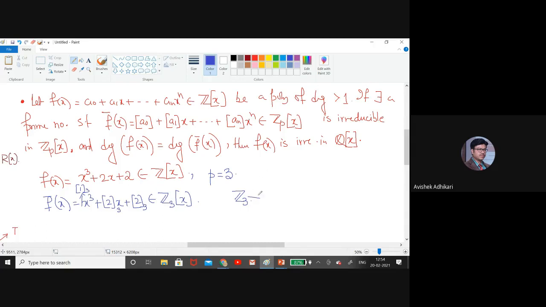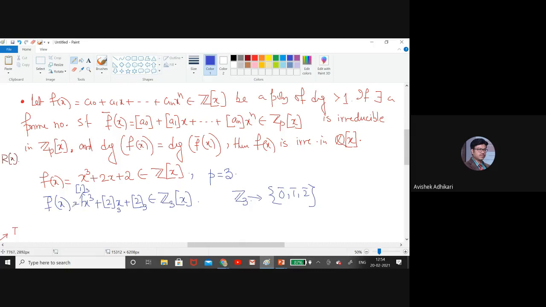And in Z3 you have only three elements: class 0, class 1, and class 2. So just put the values of x here, 0, 1, and 2, and check whether f bar(x) vanishes for any of them.